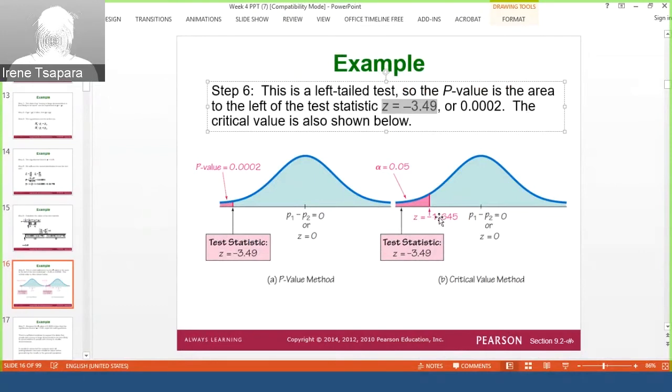It's negative because we have a left-tailed test, and it corresponds to this vertical line here that separates the rejection area from the acceptance area. And again, you compare the test statistic, negative 3.49, with negative 1.645. This number is smaller than that, so it belongs in the rejection area. So what does this mean? This simply means that we reject our null hypothesis.